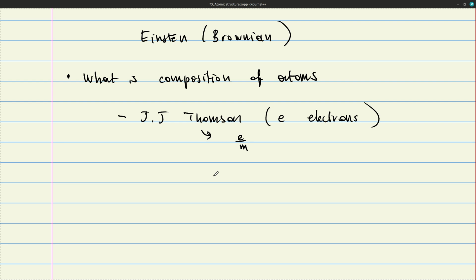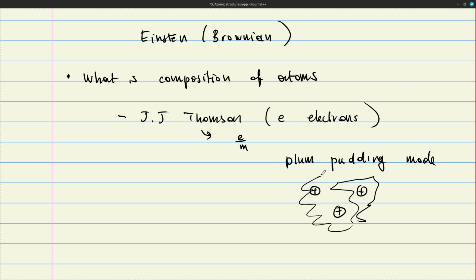And he was thinking about matter in the so-called plum pudding model. There were positive charges, and negative charges filling them just like a pudding, something like that.